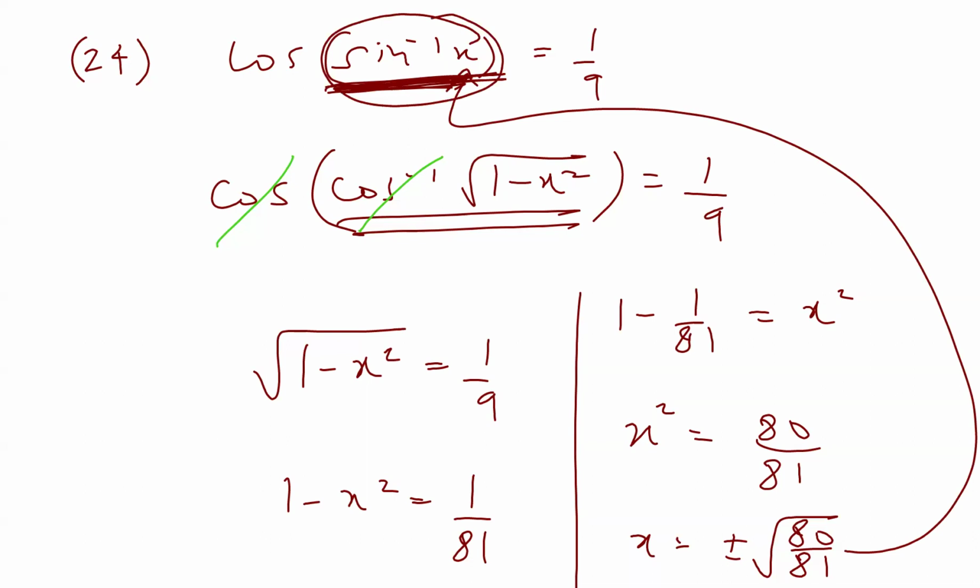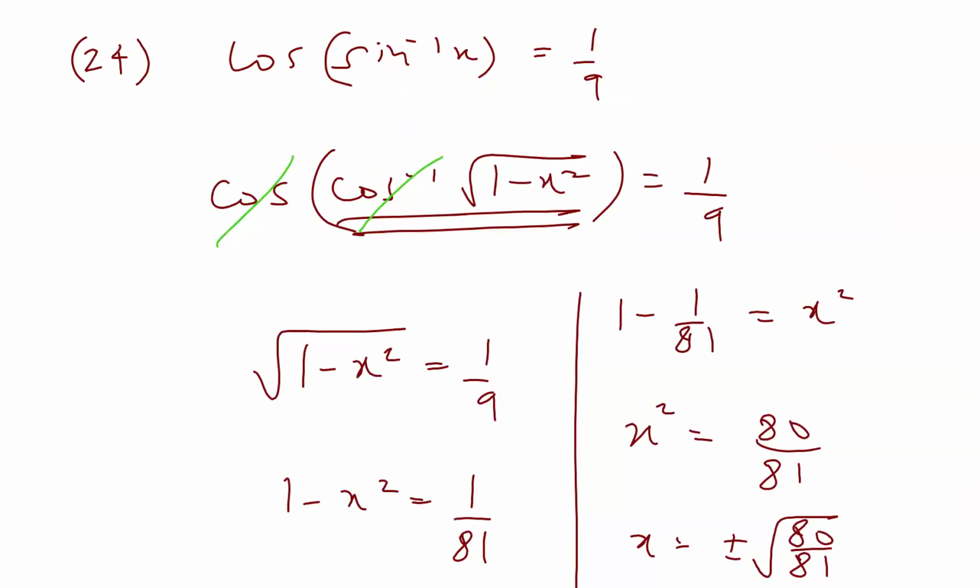I don't know whether you're understanding or not, but put these values over there. In both the cases, the cos will be positive only. Cos of positive is positive, cos of negative is positive. So both the answers will work.